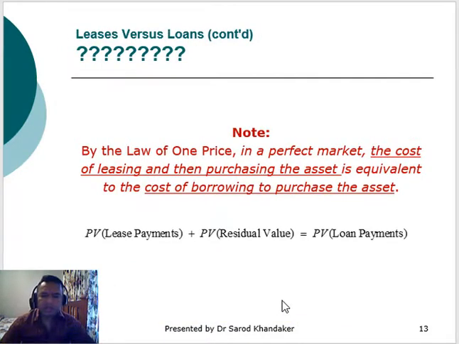By the law of one price in a perfect market, the cost of leasing and then purchasing the asset is equivalent to the cost of borrowing to purchase the asset. So the present value of the lease payment plus the present value of the residual value is equivalent to the present value of the loan payment, and that's why with the loan you are paying a higher amount per month.